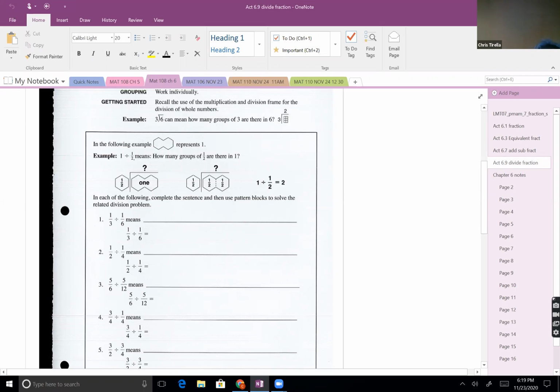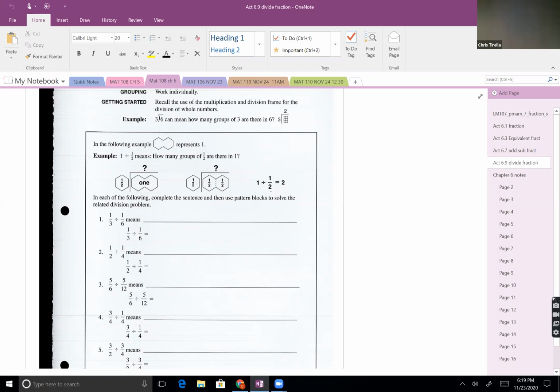And if I take 1 and divide it by a half, what I'm wondering is how many halves would it take to fill in that 1? And so does everybody see that this one would be made up of 2 halves? So 1 divided by a half would be 2.